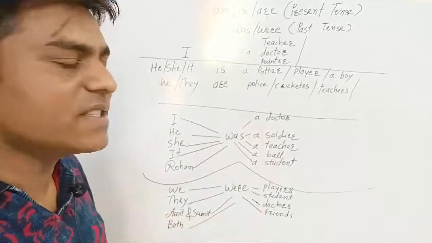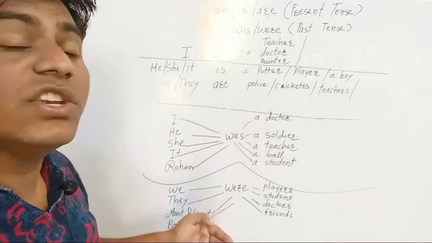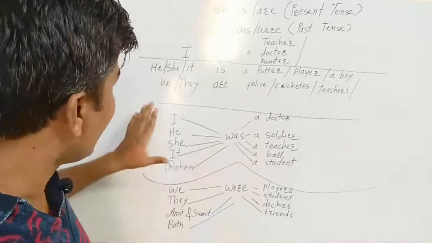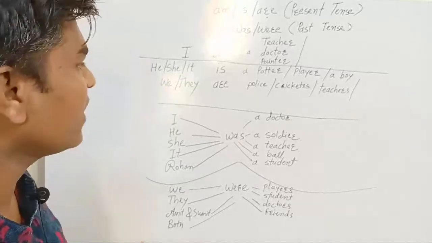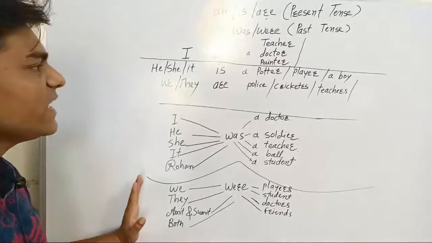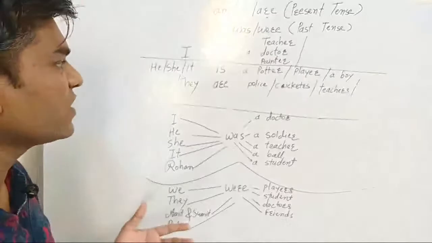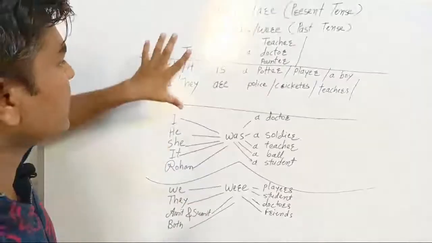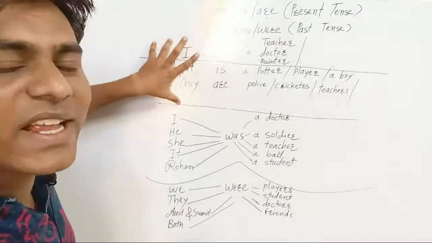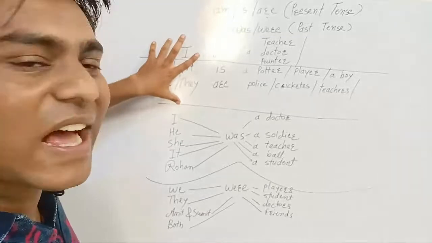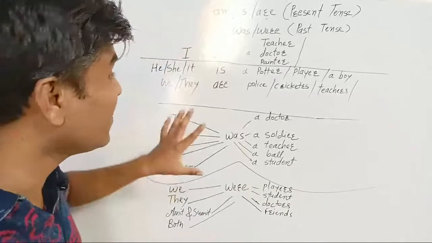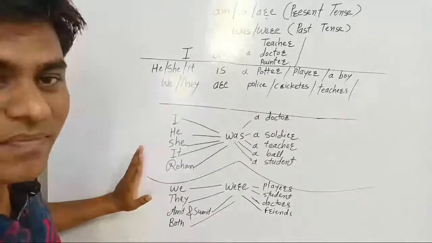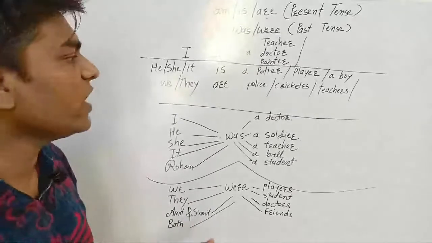Now you please write the different objects, and by using these subjects in your sentence, you please make the different sentences. Friends, this part we had learned in our previous class. Okay, now you please make the different sentences of past.